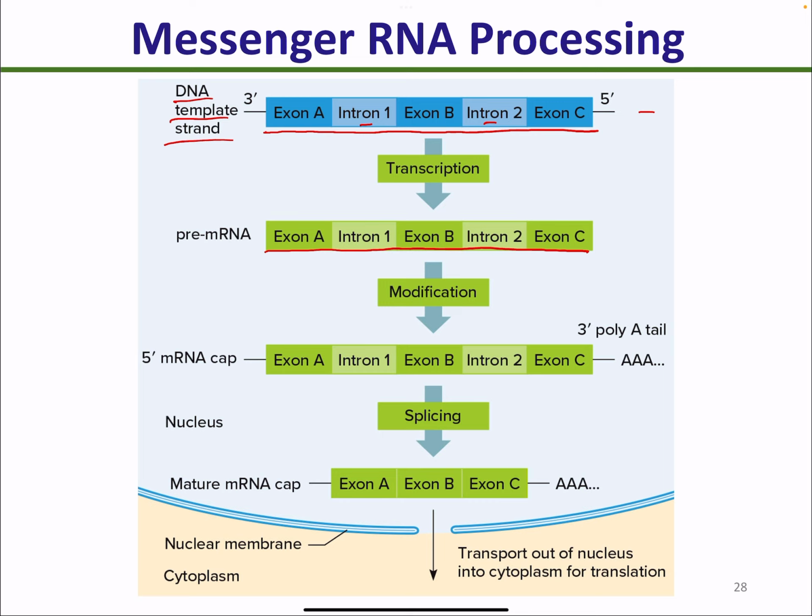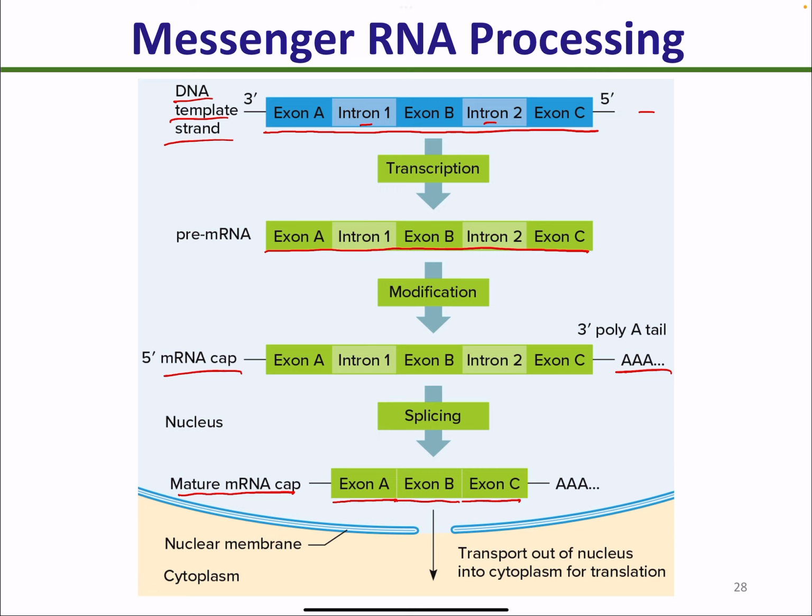Then you have splicing. Well, actually, before the splicing, you first of all have a cap at the 5' end, right? Which is a methylation, and a poly-A tail at the 3' end. And then you have splicing. That splicing is going to cause us to have a mature messenger RNA with exons A, B, and C connected together, right?